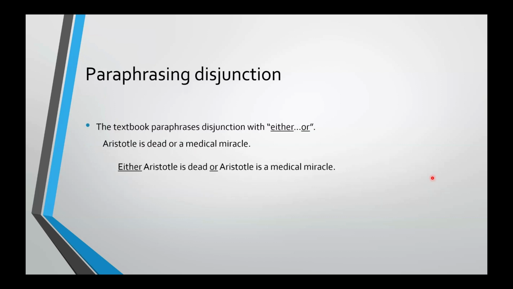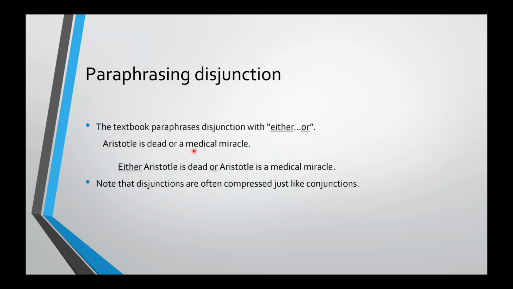Okay, when you're paraphrasing disjunctions, the textbook uses either/or. So if you have Aristotle is dead or a medical miracle, either Aristotle is dead or Aristotle is a medical miracle. The or goes in the middle, and the either marks the beginning of it. Note here that disjunctions are often compressed very much the same way that conjunctions are.